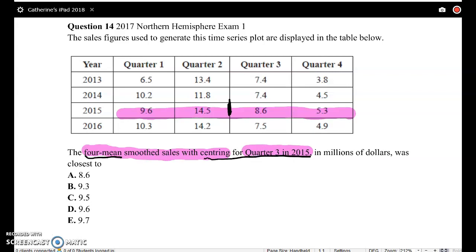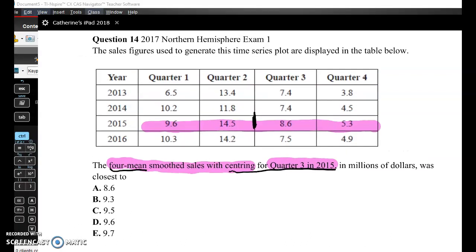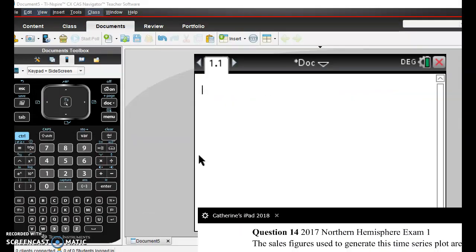Okay, so let's go to our CAS calculator.